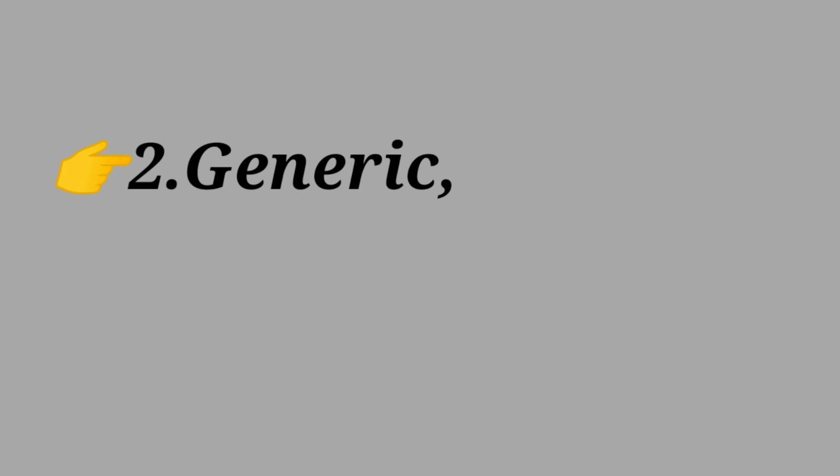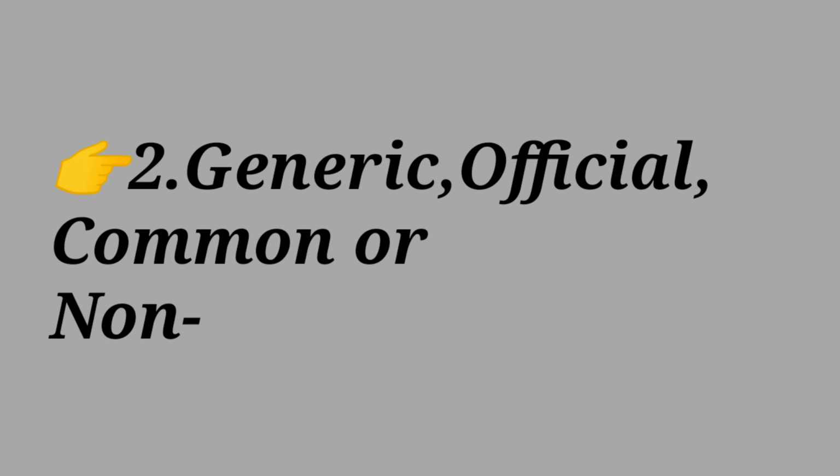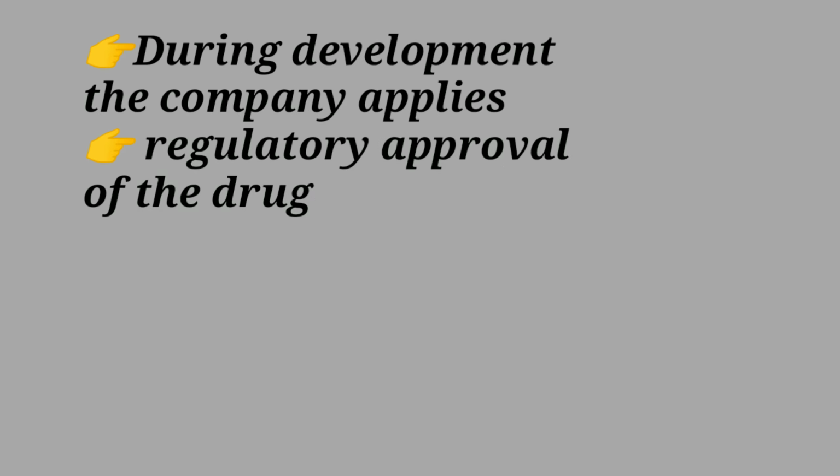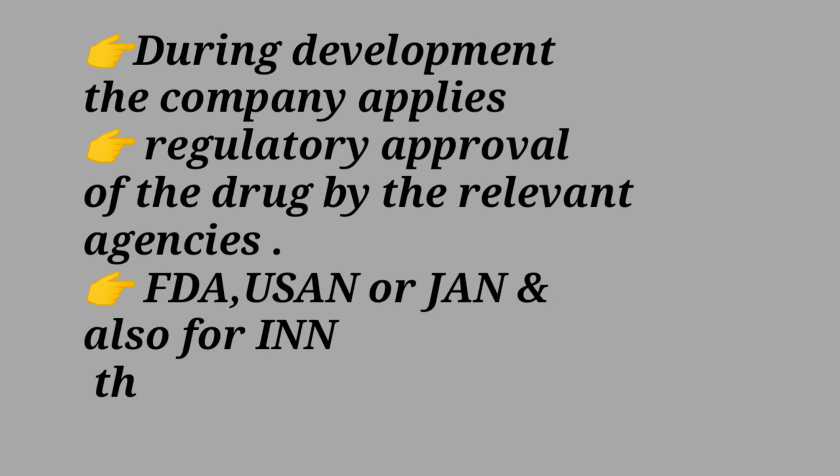Second is the generic, official, common or non-proprietary name. Students, remember, during development, the company applies for regulatory approval of the drug by the relevant agencies such as FDA, USAN or JAN, and also for INN through the World Health Organization.